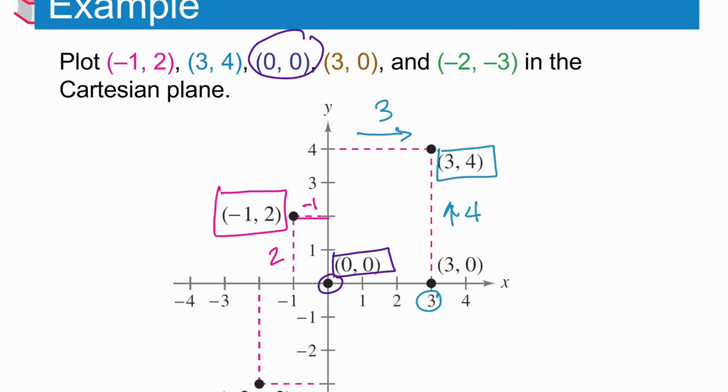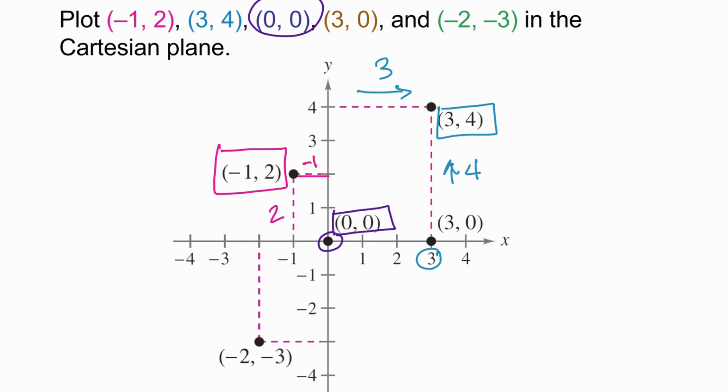And then for our 3, 0, that's right here, 3, 0. And so we go over 3 to the right, but we don't go up or down at all on the 3, 0.